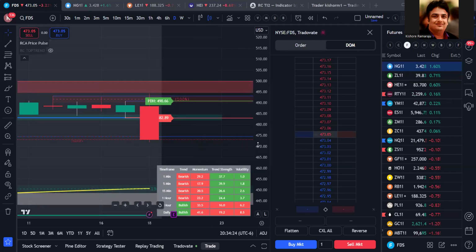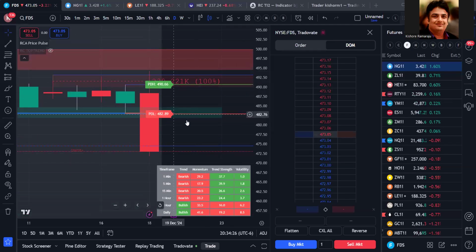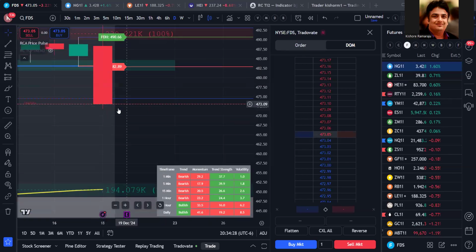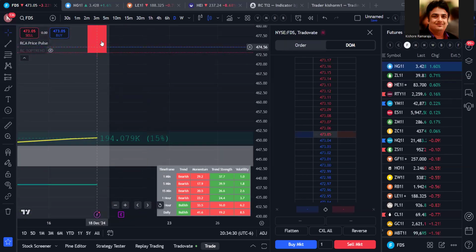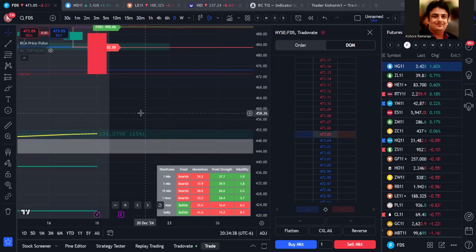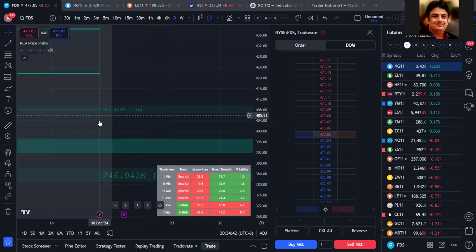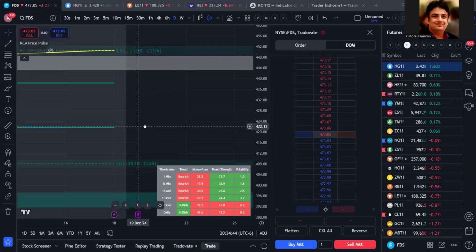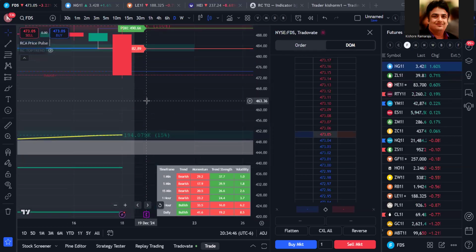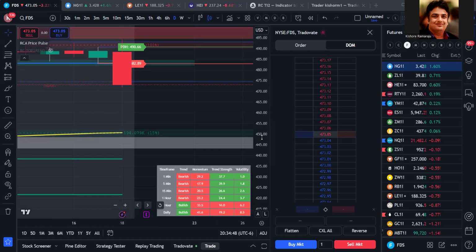The big companies are doing a lot of sell off here. There is a high possibility for it to drop all the way to $450 tomorrow morning. Tomorrow we have earnings. It can drop all the way to 450. If it breaks that 450 level, it will come to 408. So FDS is bearish for earnings.